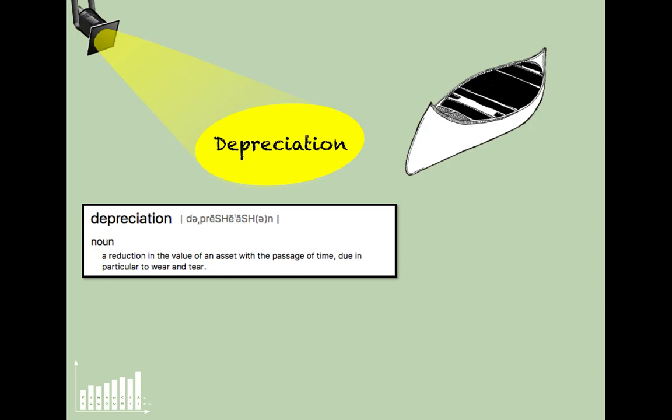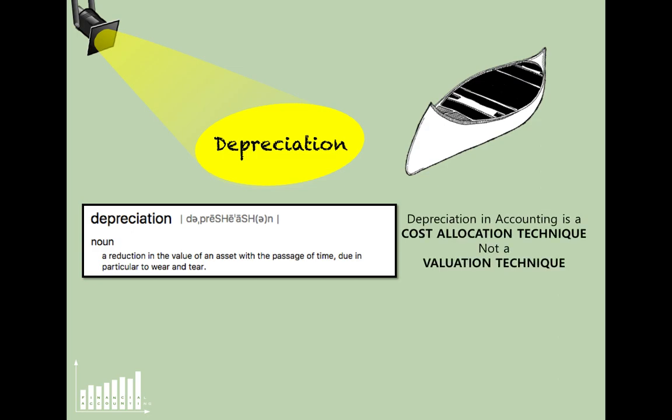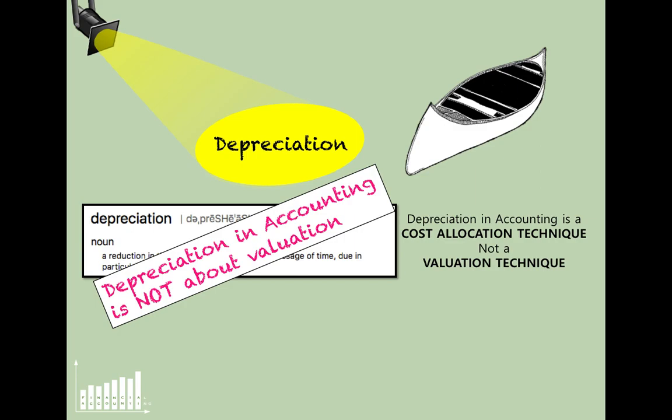But, and this is a huge but, depreciation in accounting is about cost allocation, not about valuation. Now, depreciation being used in that way is fine. That's obviously the dictionary definition. But when we talk about depreciation in accounting, we're not talking about how the canoe here is losing value because of wear and tear. So let's look at what we are talking about.